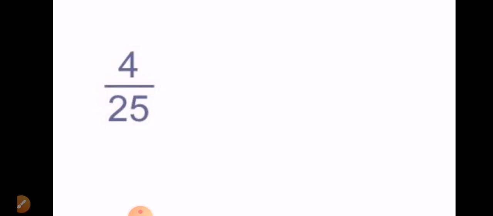The last time I told you that if I have a fraction like this, do you remember how I can make it decimal? The first thing that should come to your mind is: can I make the denominator 10 or 100 or 1000? If you can, it will be easy to find the decimal quickly and mentally.